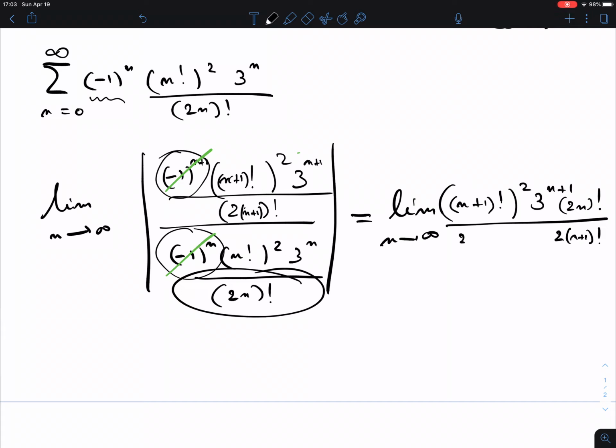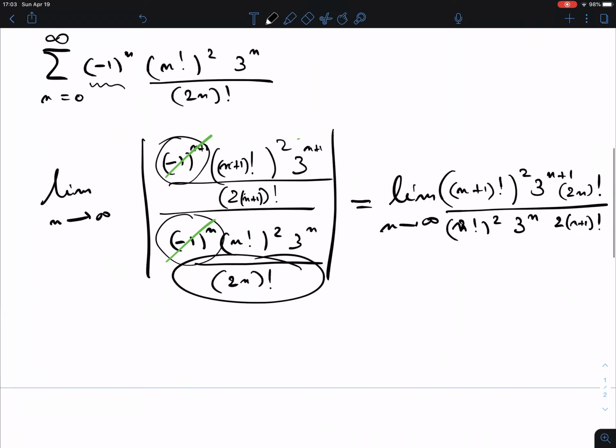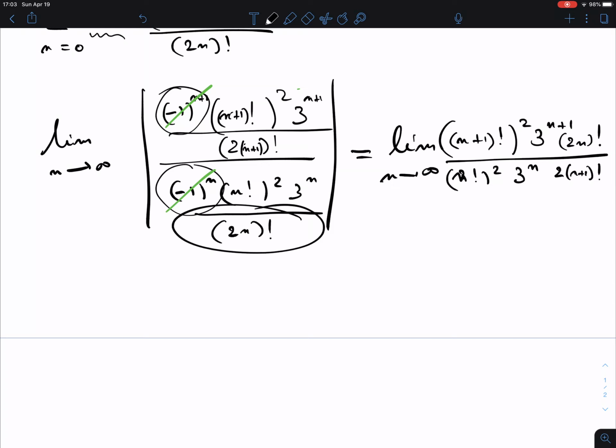And then an n factorial squared and a 3 to the power n. Good. Now the n factorial squared is perhaps a little bit throwing you off, but not so much. You could write it as n factorial times n factorial. Makes it a little bit easier, but let's just keep what we have. What is the deal with the factorials? Well, let's look at this one first, right?